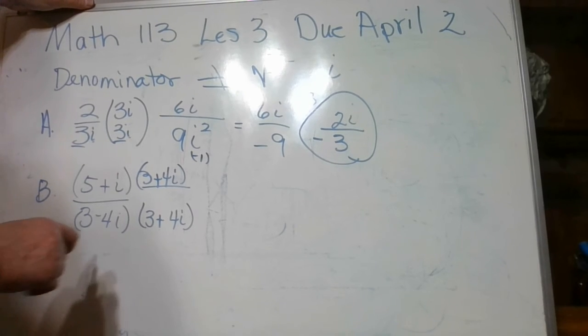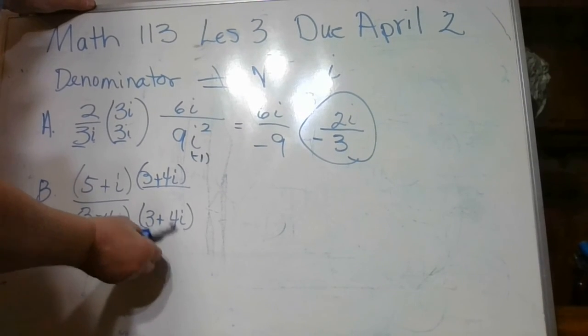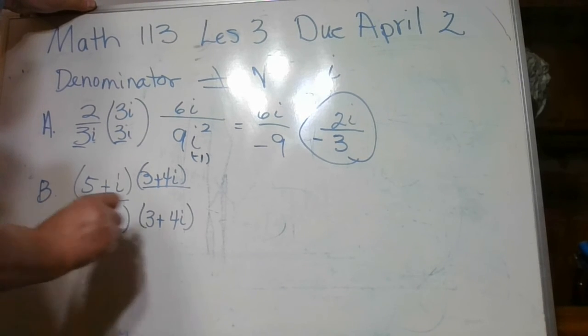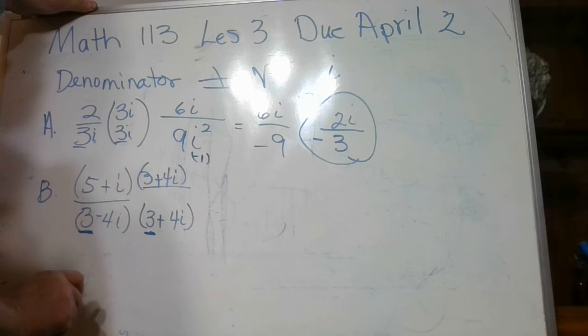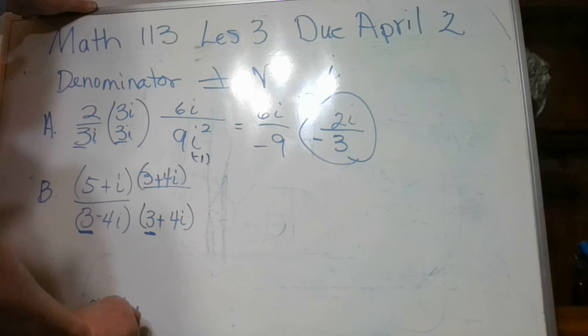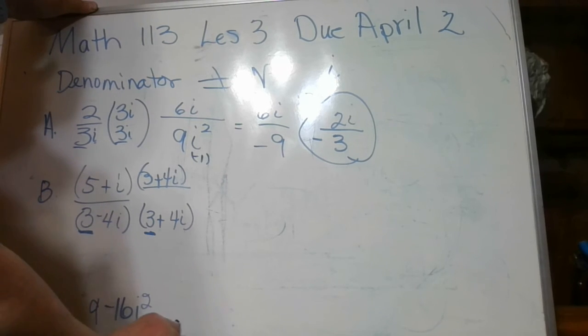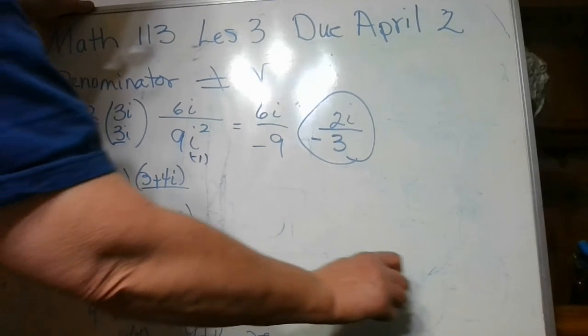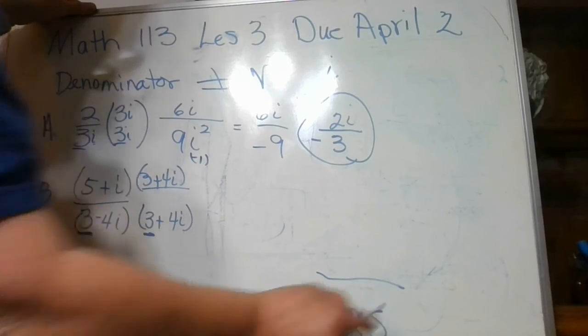Okay, so when you have the conjugate, the middle terms always cancel because that's why we chose that. So all we're going to have is the first two, which is 3 times 3 is 9, and the last two, which is negative 16i squared. I squared is a negative 1. Negative times a negative is a positive. So in reality, you have 9 plus 16, which is equal to 25. So when we get finished, the denominator is going to be 25.